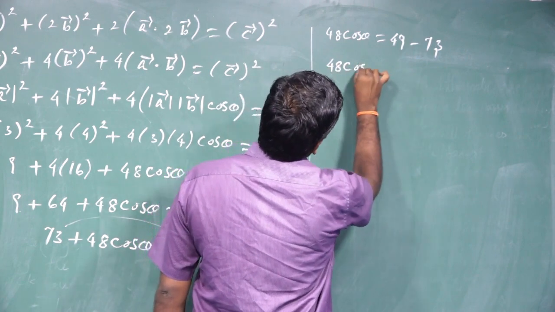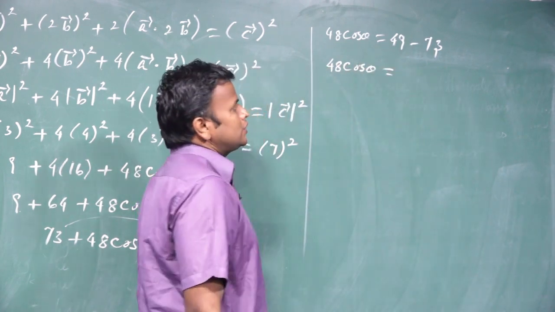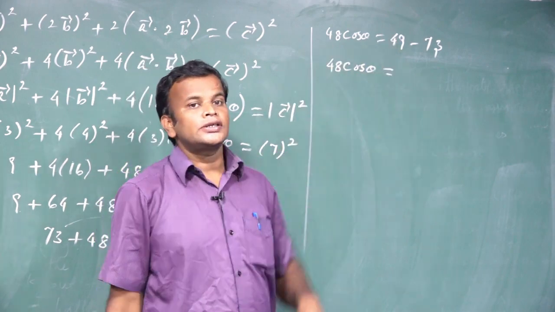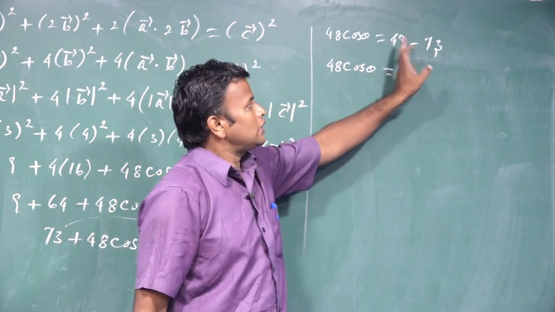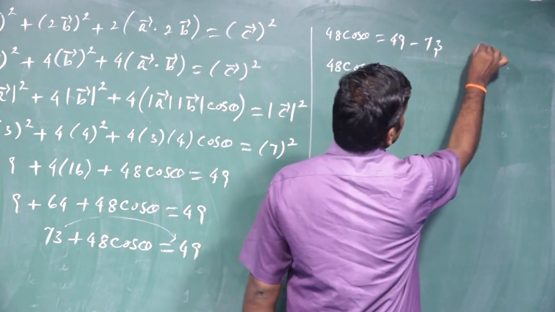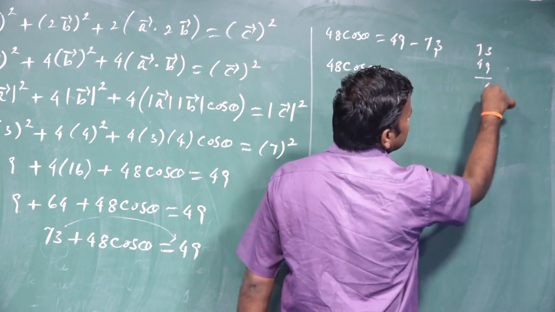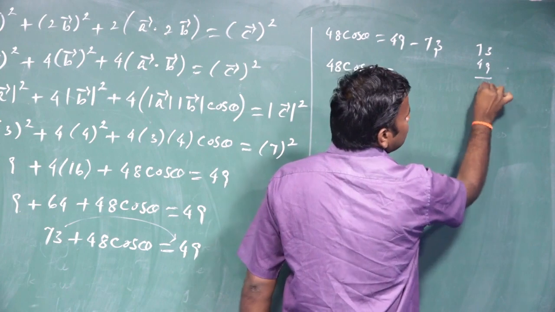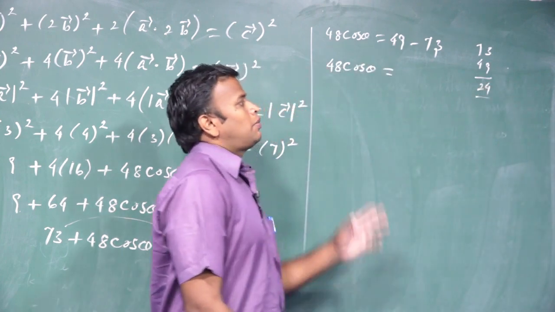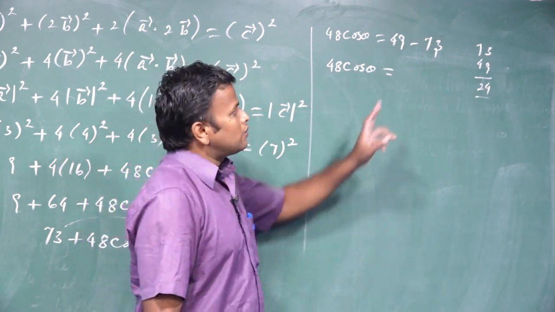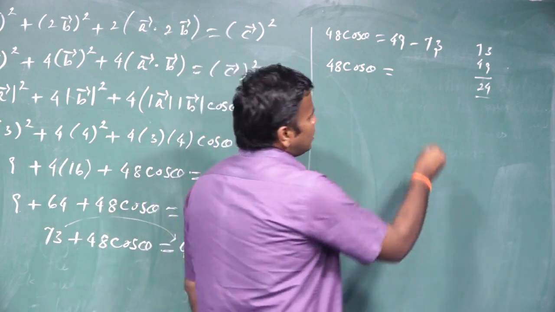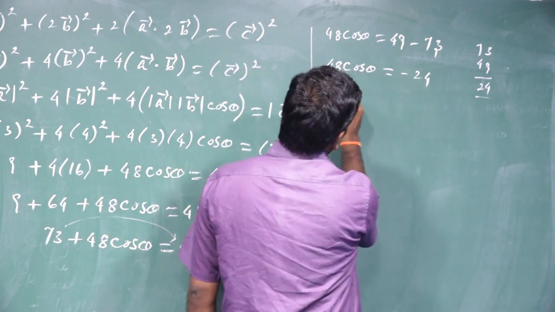So 48 cos theta is equal to 49 minus 73. To subtract we get 73, 49. 13 minus 9 is 4. We take one borrow. So 6 minus 4 is 2. But the bigger number is a minus, so it becomes minus 24.